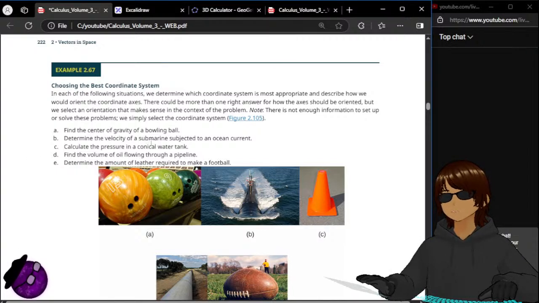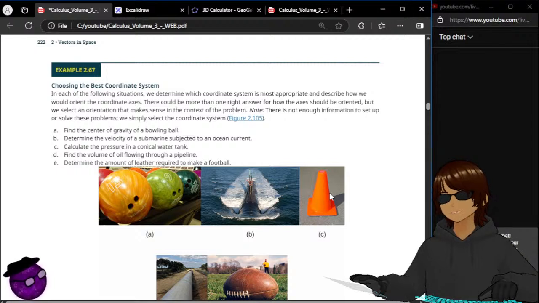Determine the velocity of a submarine subjected to an ocean current. I guess we only need like the XY plane, right? I think the cylindrical system would be better. Calculate the pressure in a conical water tank. I think the cylindrical one would be better.